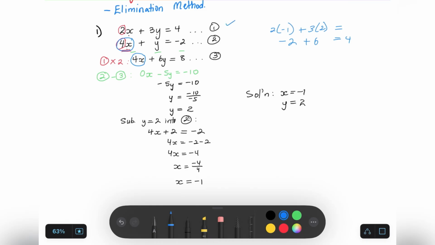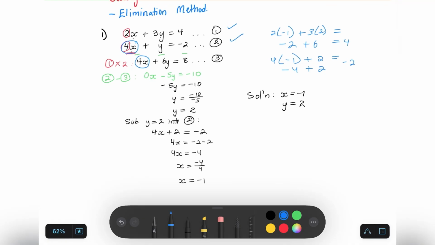Now you need to check it for both equations. Even if it substitutes into one equation, it may not work for the next one. So let's check it for the other one. We have 4 by -1 plus 2. Well, 4 by -1 is -4, and -4 plus 2 is -2. So my answer is correct.